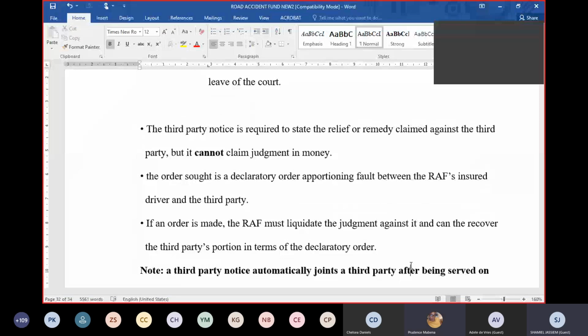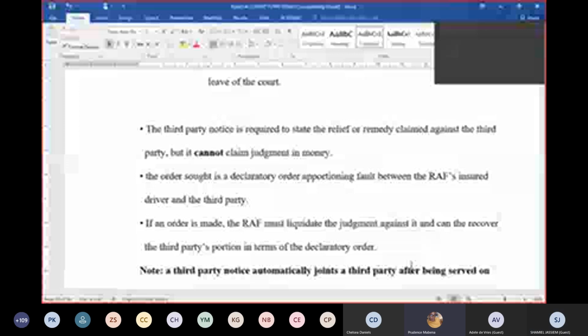Let me just check if I can get hold of her again, because it's difficult for me to concentrate if there's someone speaking in the background. I'll just try again. Hi, Prudence. Miss Mabena, can you hear us? Hello, Prudence.